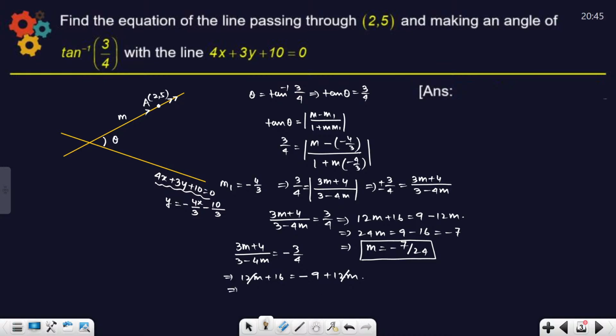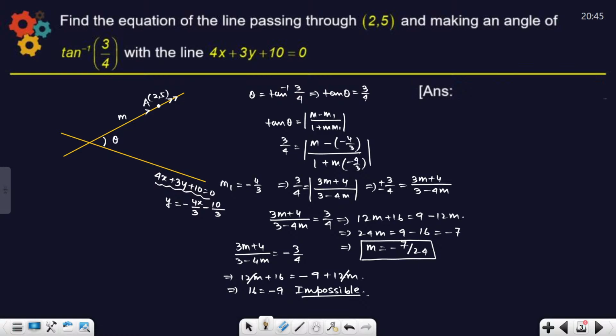So from this equation, we get 16 equals minus 9, which is simply impossible. But why is this happening? Or is there any remedy? Because 16 equals minus 9 is not at all the correct solution. It is not true, right?